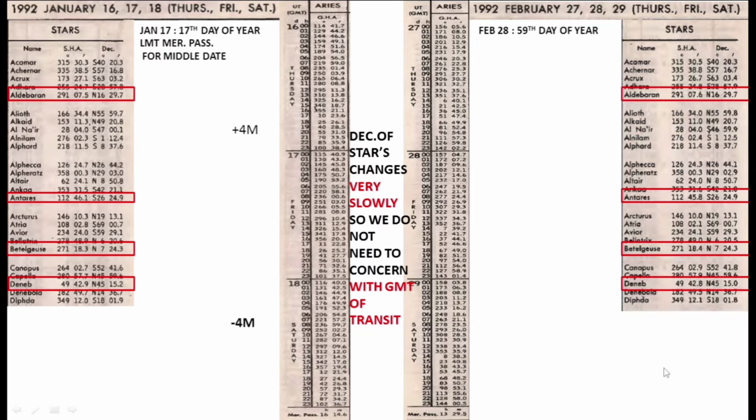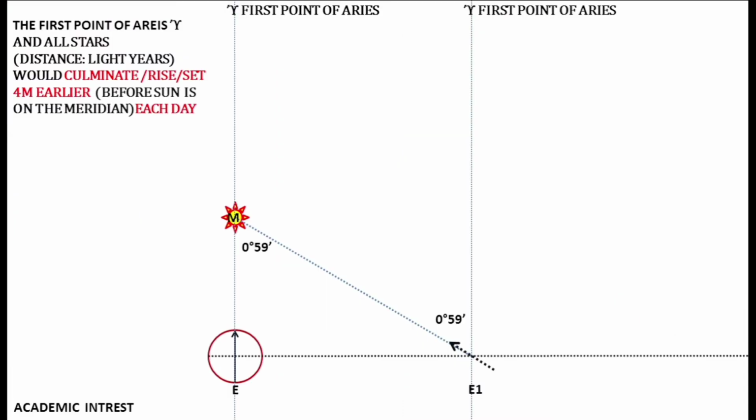But for us, from an examination point of view, we got to know how to find out the GMT. As is clearly visible here, GMT basically does not make any difference because they are not changing much at all. So for examination point of view, we got to find it out. So let us try to see how we figure out the time for meridian passage of stars.